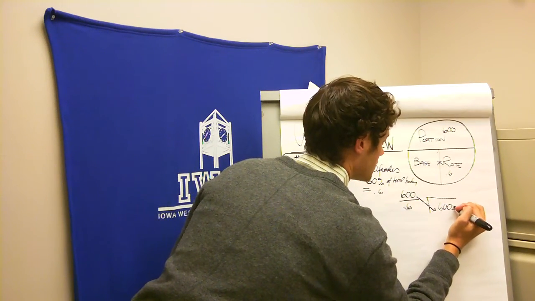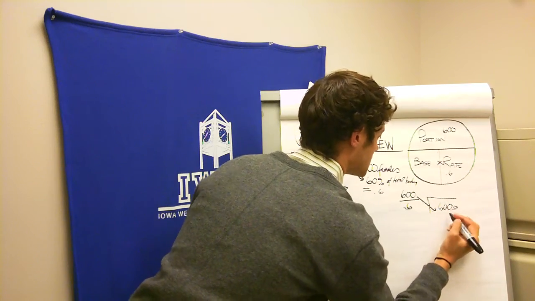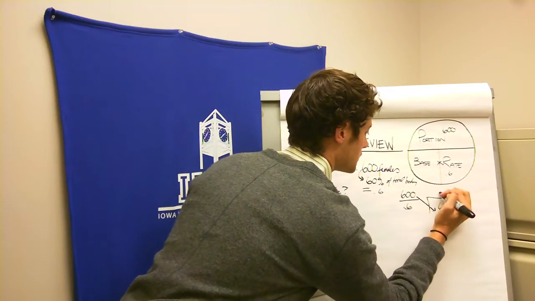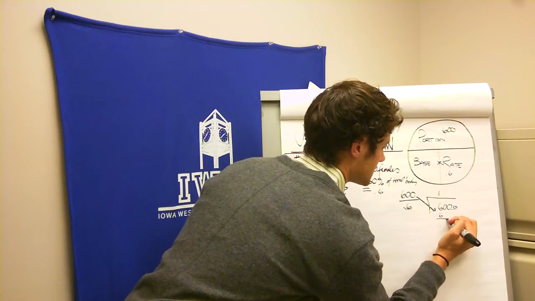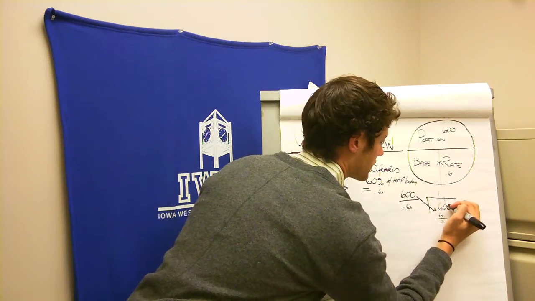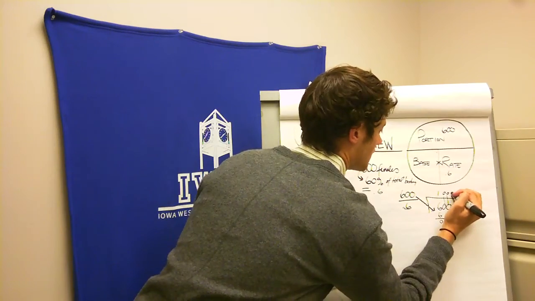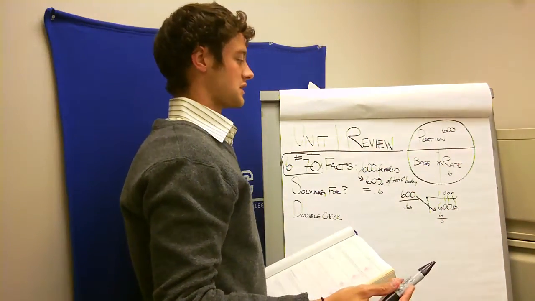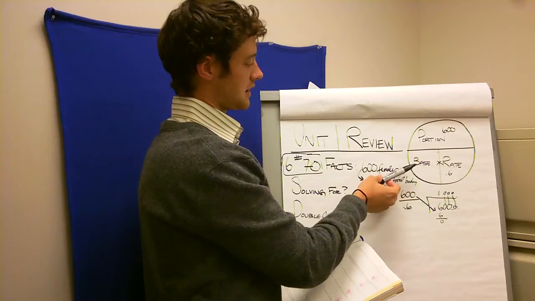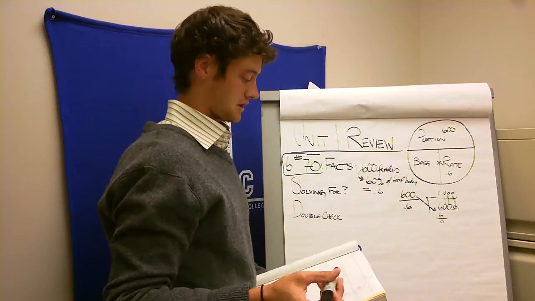So 6 goes into 6 how many times? 1 time. 6, 0, then we bring up the 3 zeros that we have, tell our decimal point. So we have 1,000. So my base is going to be 1,000, so 1,000 total students.